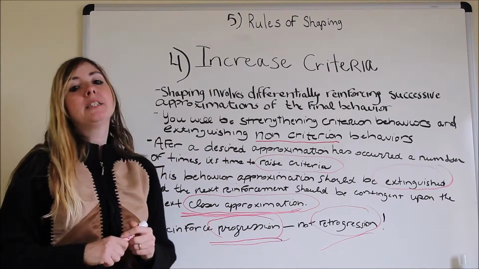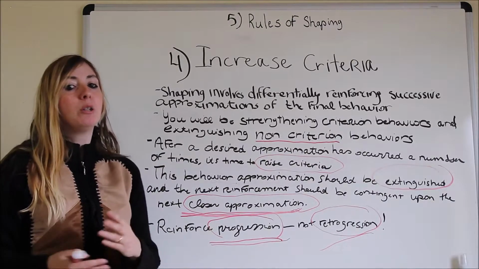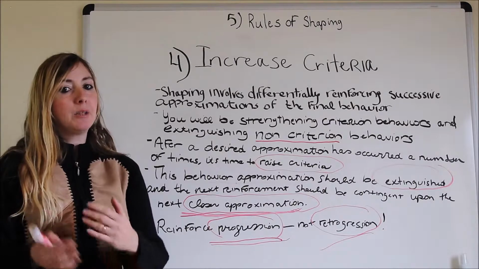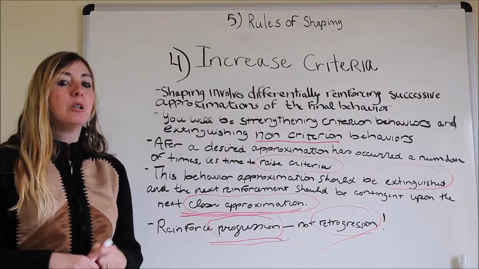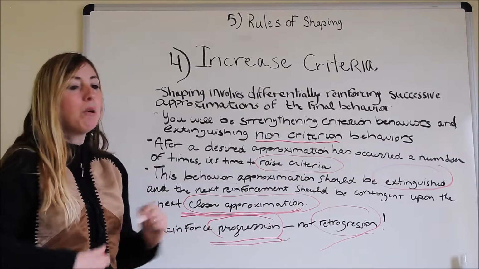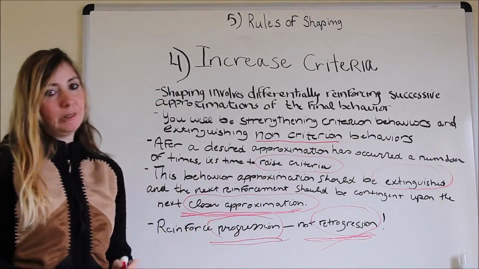But what happens if we are clicking and rewarding the dog initially for looking at the edge of the box, then the dog looks inside the box and we click and reward that, but then the dog goes back to looking at the edge of the box? If we were to click that, we will be reinforcing retrogression and not progression.